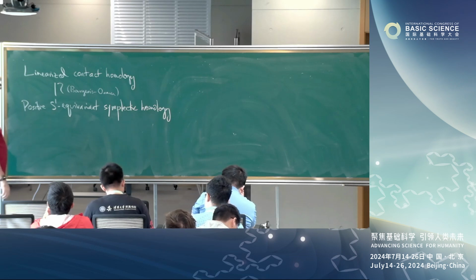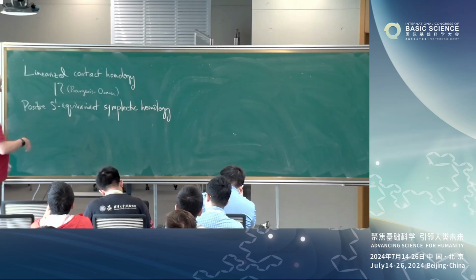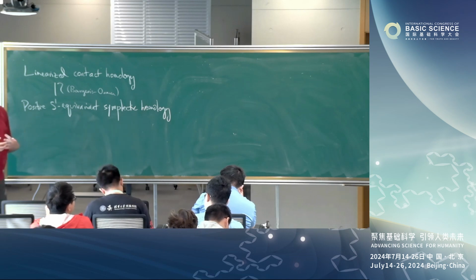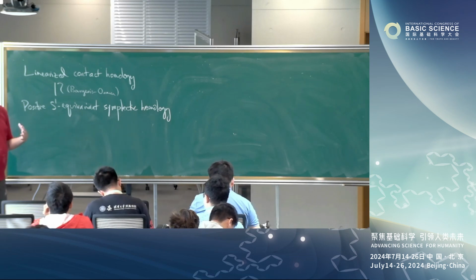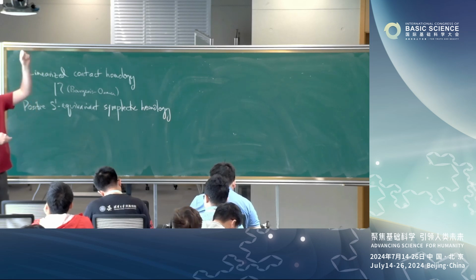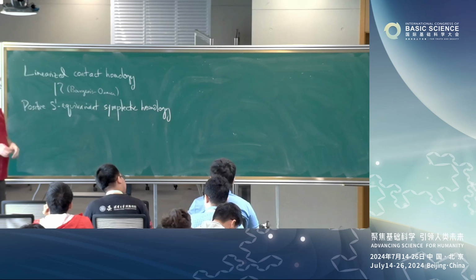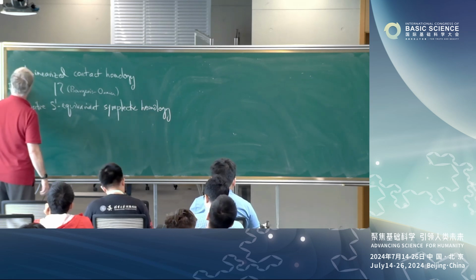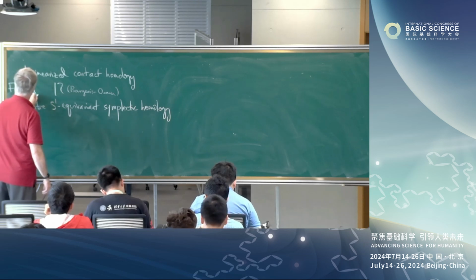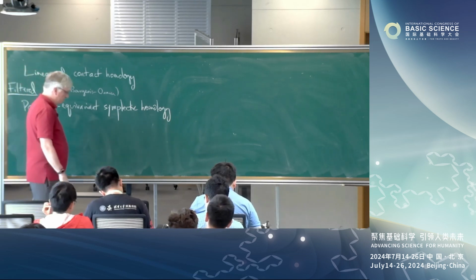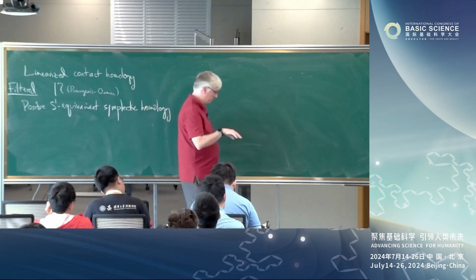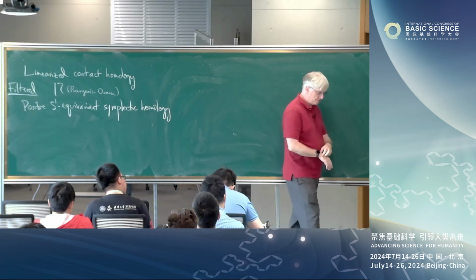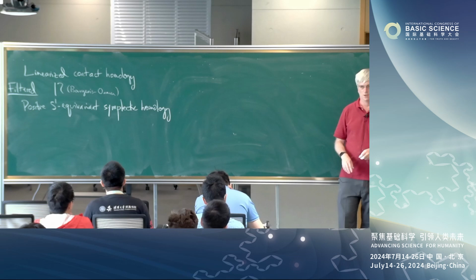Now, for all the examples I've talked about, this homology is very simple and it doesn't distinguish anything. So if you have a star-shaped domain in R^2n, the homology is just a tower of Z's in alternating dimensions. So that's not going to classify anything, but there are filtered versions. So this chain complex has a real valued filtration, which the differential decreases.